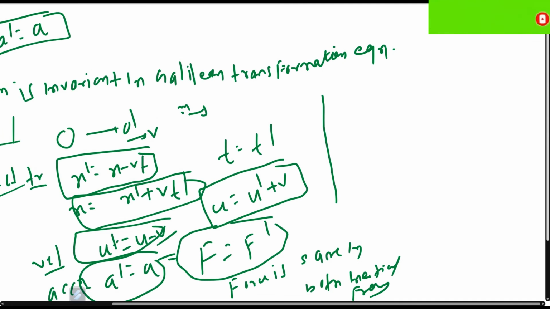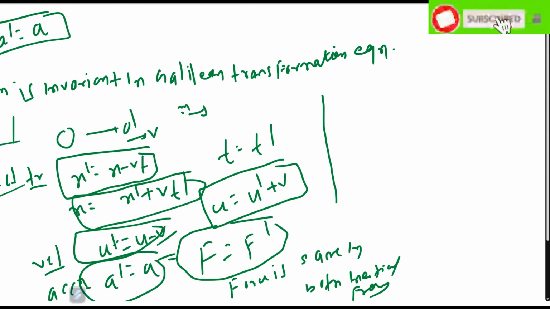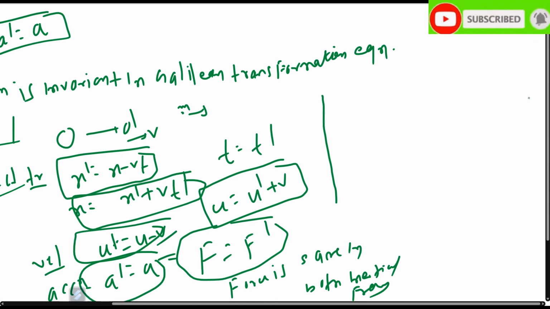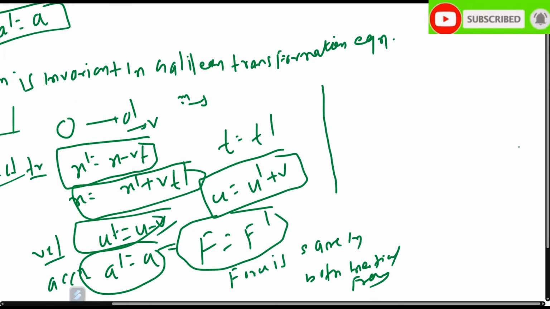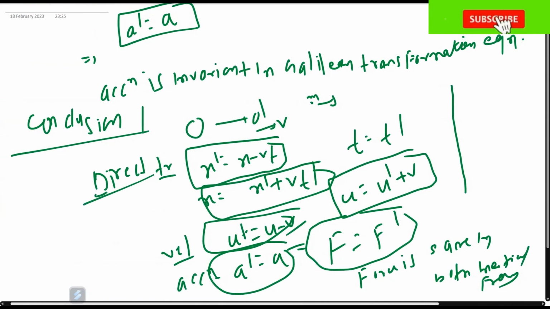I mean the force on the object will be the same, and in this case your acceleration is invariant under the Galilean transformation equation. So I hope you have got the idea of this transformation equation, that what we have done.